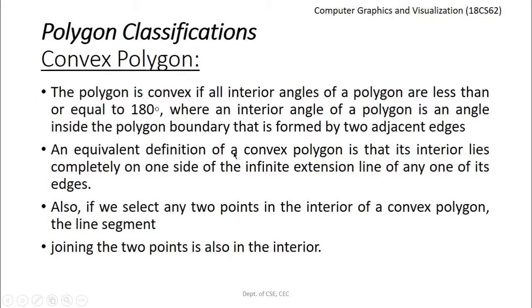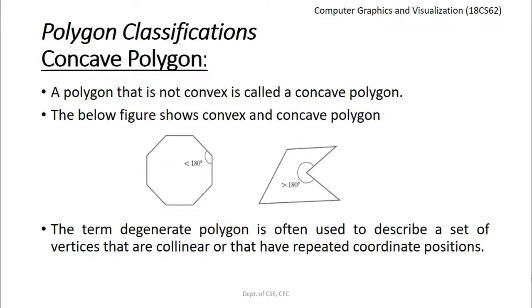An equivalent definition of a convex polygon is that its interior lies completely on one side of the infinite extension line of any of its edges. Let us see what that means.